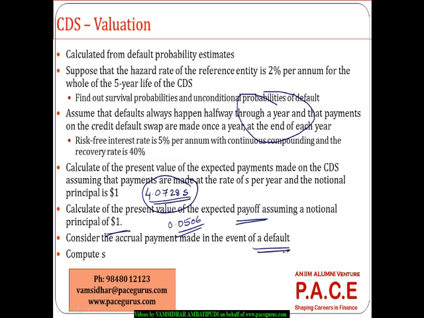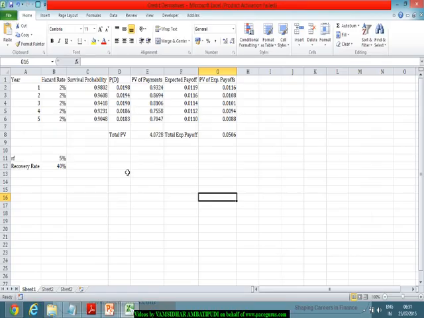See, when there is a default, during that year also the payment has to be made. So these are when there is a survival. But during a year when default has occurred, even during that period also, we really need to make the payment for that particular year.